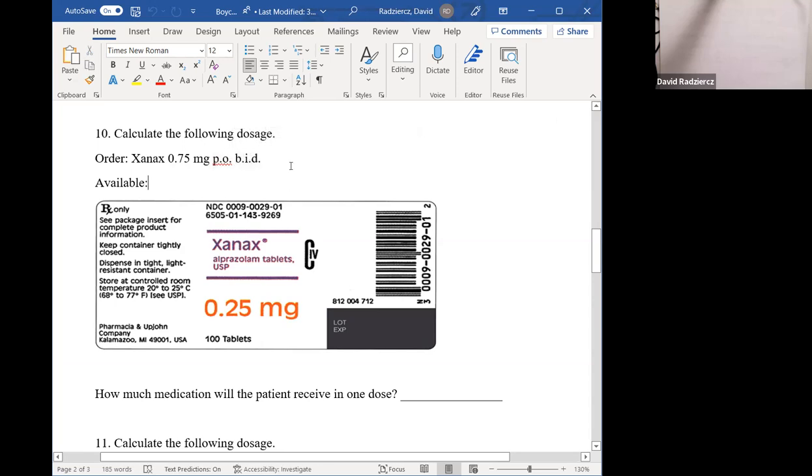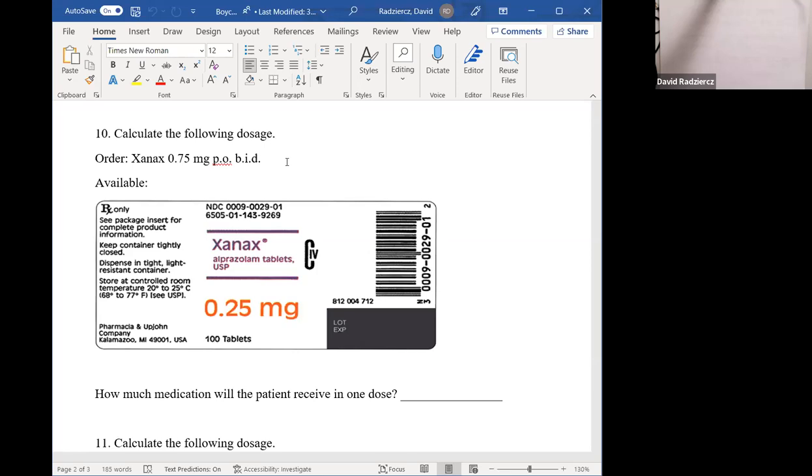Now, sometimes you might get, and this might be more like an ATI type question, or maybe a question down the road, or even on a non-drug calc test, it'll say, what does BID, TID, QID indicate? Or how many times a day would you administer the medication? Or how much would you give in an entire day? Or how much would you need for 7 days' worth of medication?